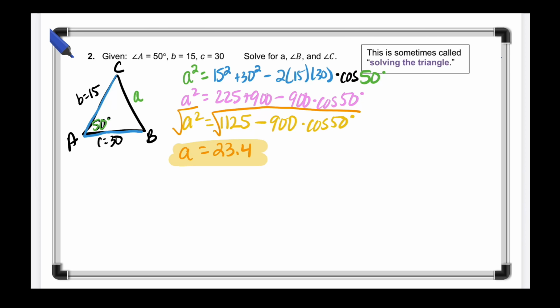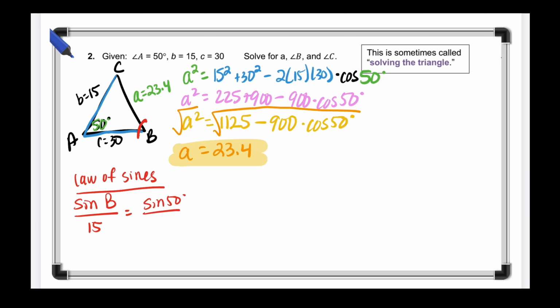So now we found side A, and we're going to find angle B. I know some angles and I know some sides, so I can actually use the law of sines to find angle B. I can say the sine of angle B over 15 is equal to the sine of 50 degrees over my side A, which is 23.4.